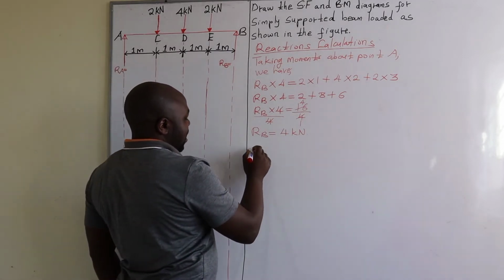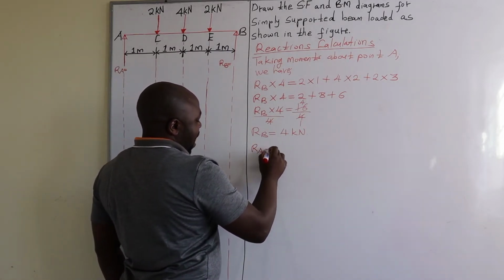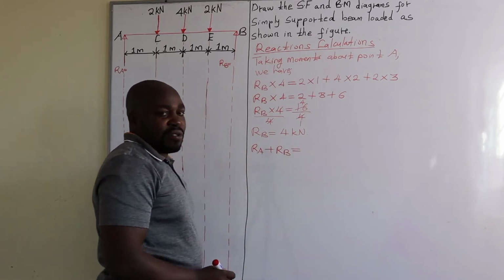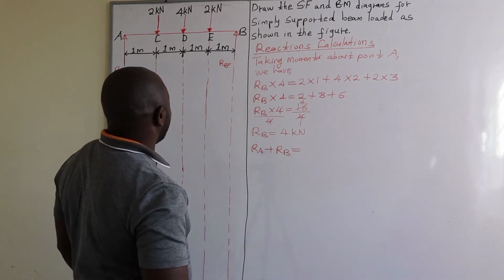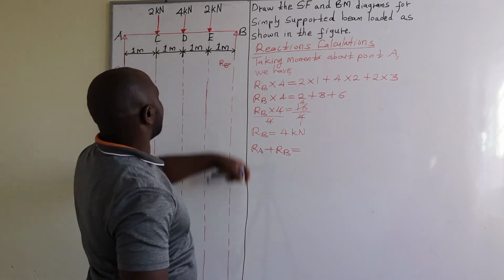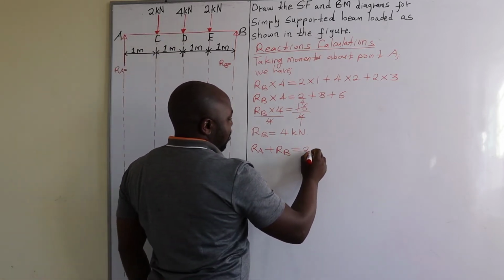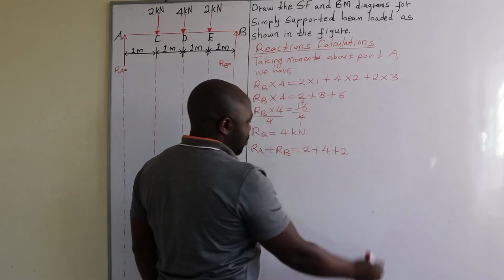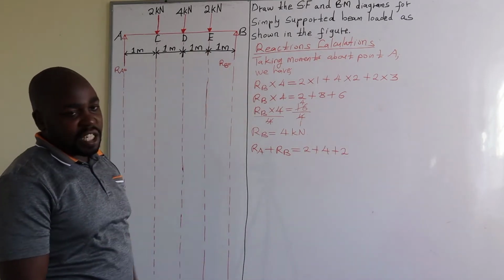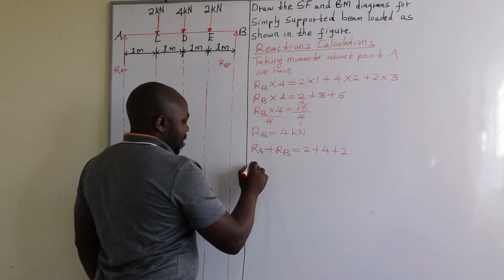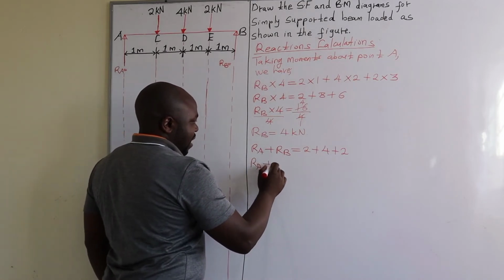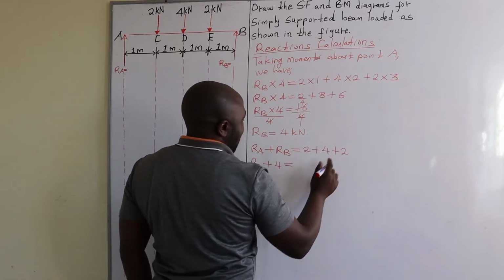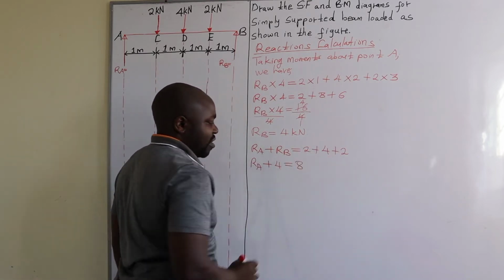So this means that the sum of upward forces must be equal to the sum of downward forces. In this case, the downward forces are 2 kilonewtons plus 4 kilonewtons plus another 2 kilonewtons acting at point E. So the reaction at A plus the reaction at B, which is 4 kilonewtons, is going to give us 8 kilonewtons.